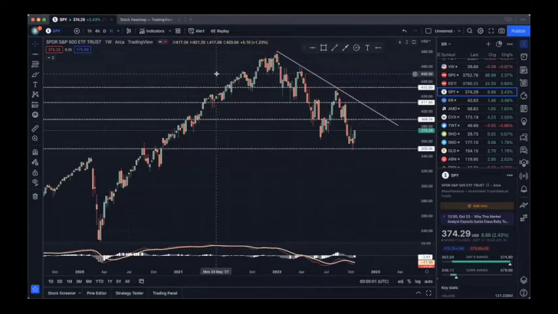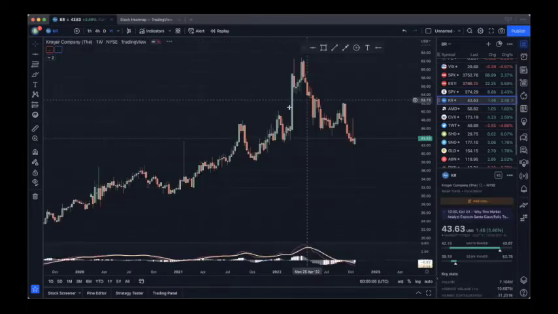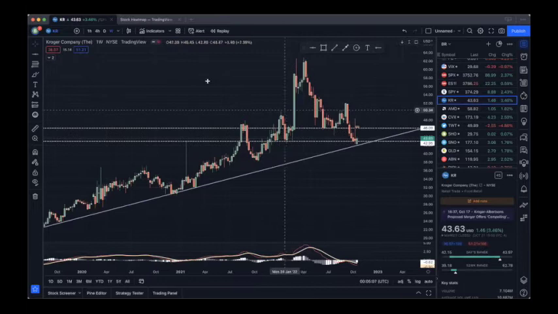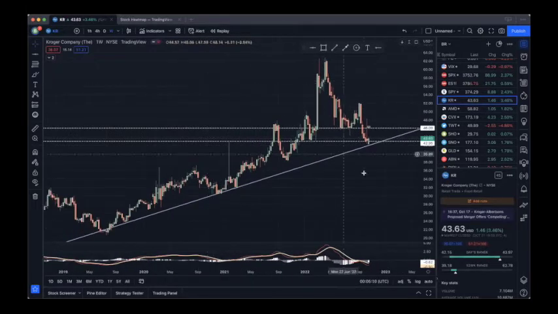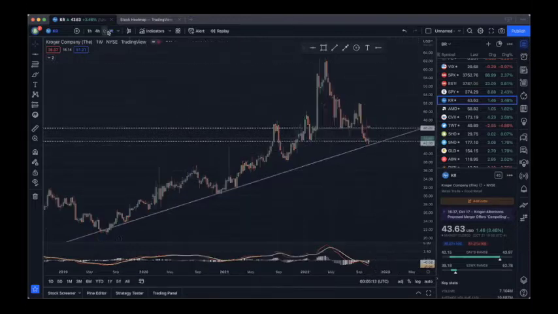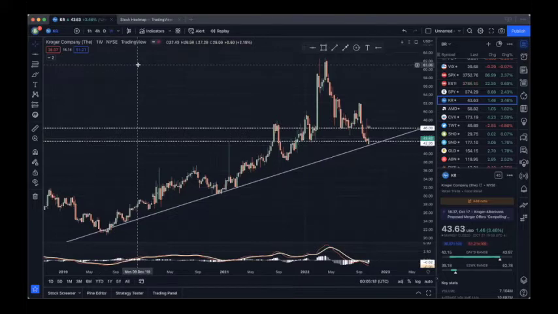So first thing, I'm just going to go over some examples. What we want to see is, if we're looking for a bullish setup, we are looking for bullish reasons to be in a trade. Basically what we want to look for is bullish reasons on a daily time frame, a weekly time frame, and so on.